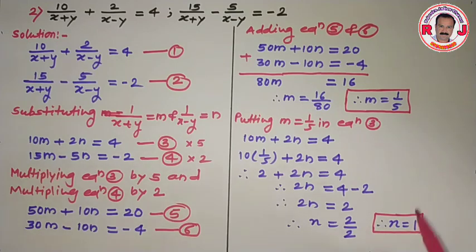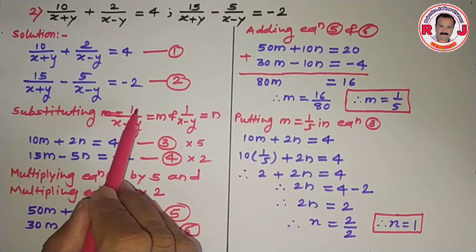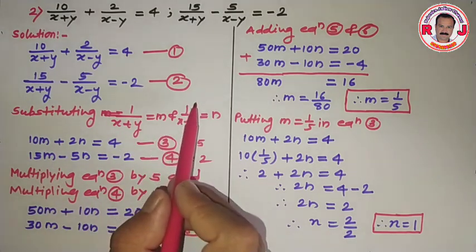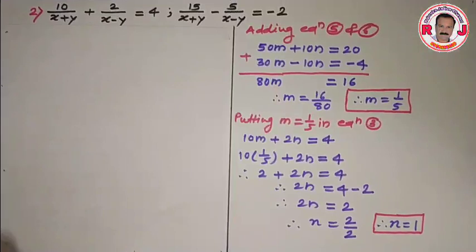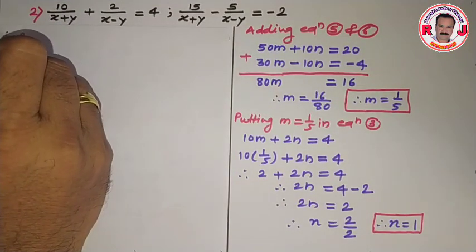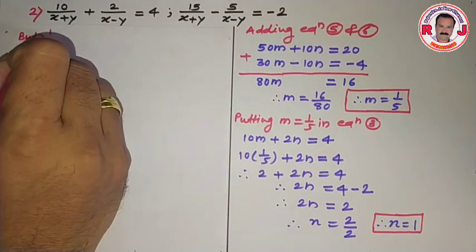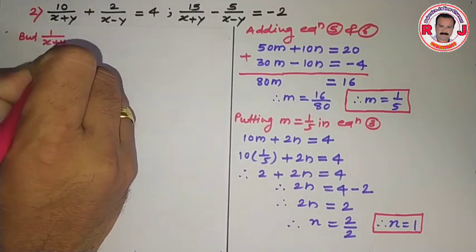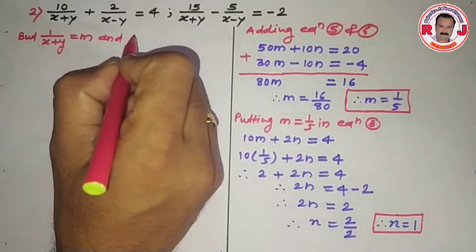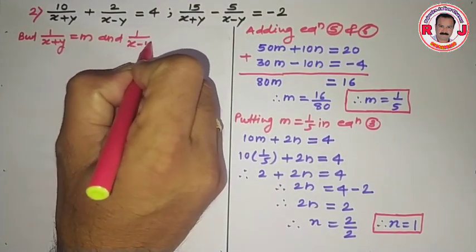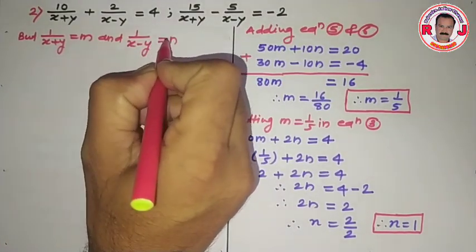या ठिकाणी m ची किंमत 1/5 आली, n ची किंमत 1 आली. आता या किमती आहेत ते या मध्ये 1/x अधिक y बरोबर m आणि 1/x वजा y बरोबर n यामध्ये ठेवूया. 1/x plus y is equal to m and 1/x minus y is equal to n.